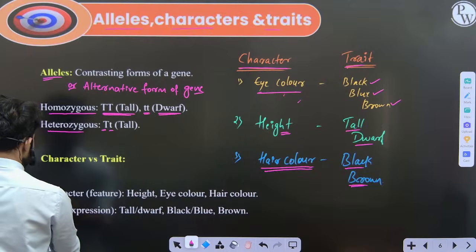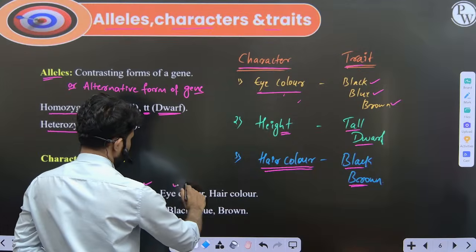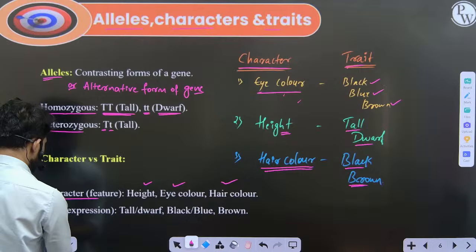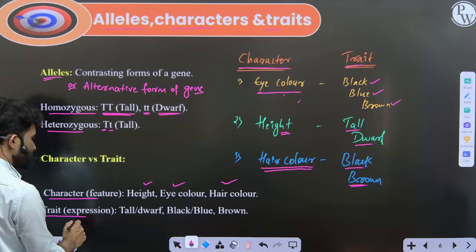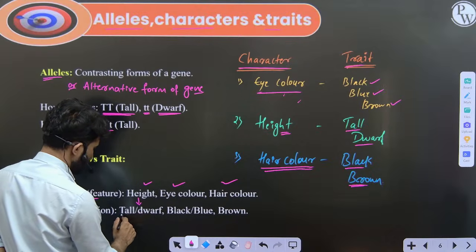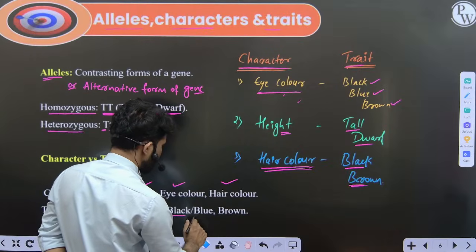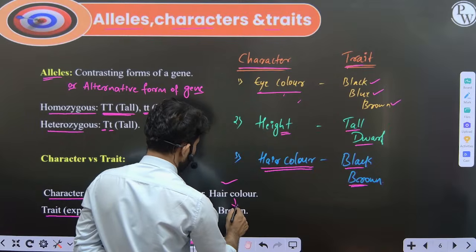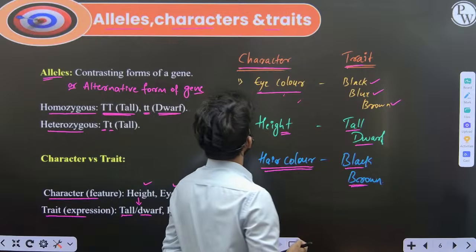So, the character, for example, height. The next one is the expression of those features in the organism, that is height, tall or short, eye color, black or brown.